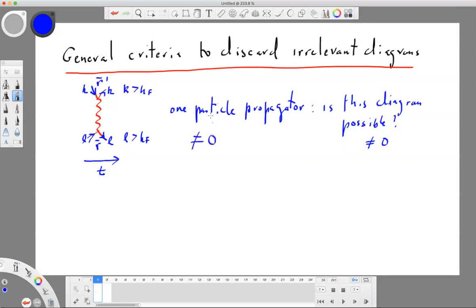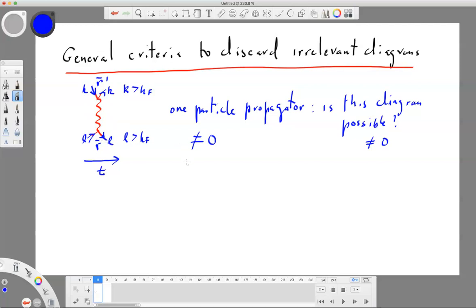It does not contribute to the one particle propagator because we have two particles here, not just one. So this interaction sort of makes an additional fermion. If we are injecting this one, it makes a fermion with momentum L above the Fermi energy suddenly appear from nothing.